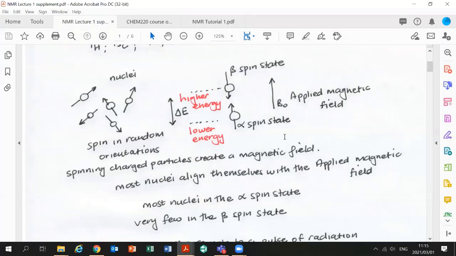So if your big magnet says from south to north, like this arrow here, right, for instance sake, if your magnetic field is spinning from left to right, we create a south to north magnetic field or applied magnetic field. The alpha spin state spins in the same direction that creates that south to north magnetic field, right? And we say then that the proton aligns with the field or with the applied magnetic field, right?